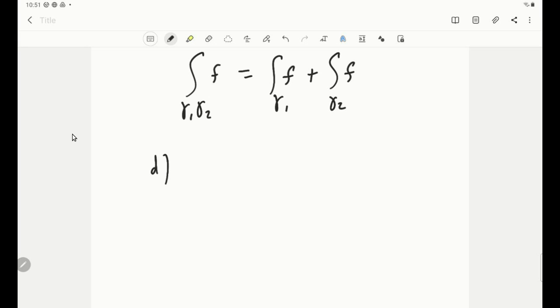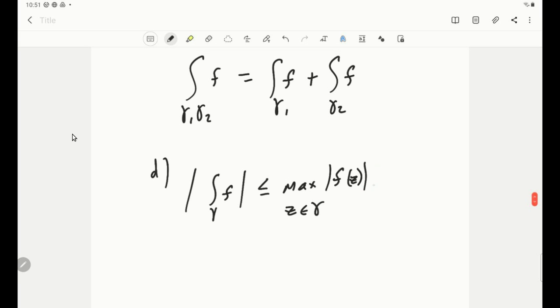It says, if I want the absolute value of this integral, well, I may or may not know what it is, but I can tell you this: it's less than or equal to the maximum of the absolute value of f of z for all the z that are part of that gamma path, times the length of gamma.